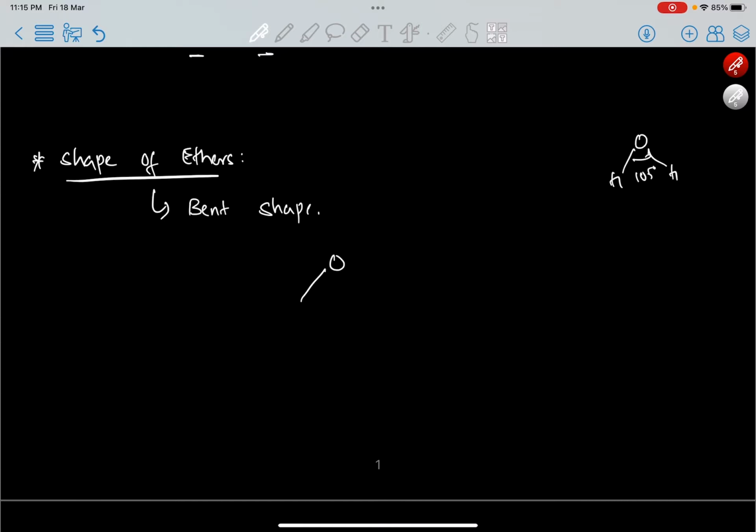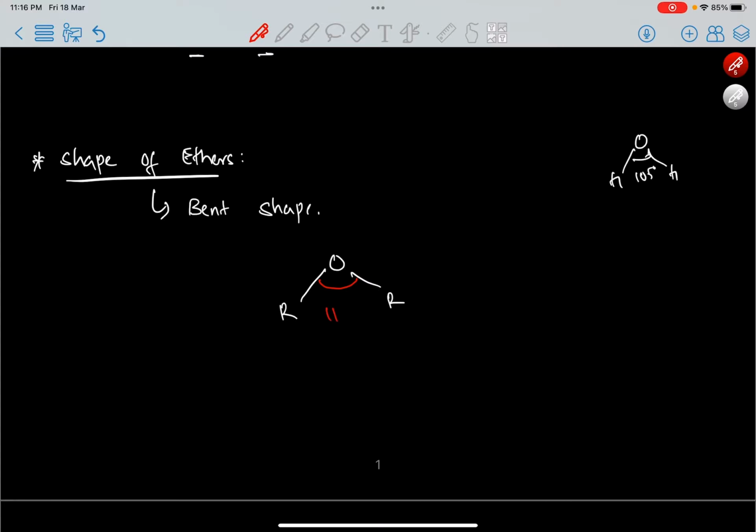If this is oxygen, and these are R groups. Since in water we have hydrogen atoms, there is not much steric repulsion. But in the case of ethers, these R groups are a little bulky when compared to hydrogen. So that's why the bond angle is much larger, more than in water.